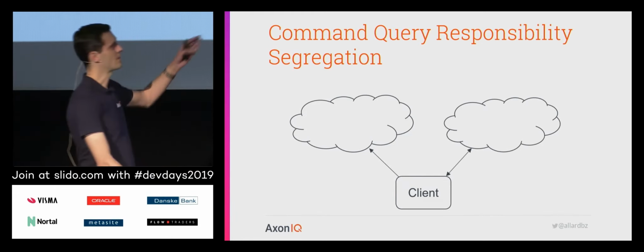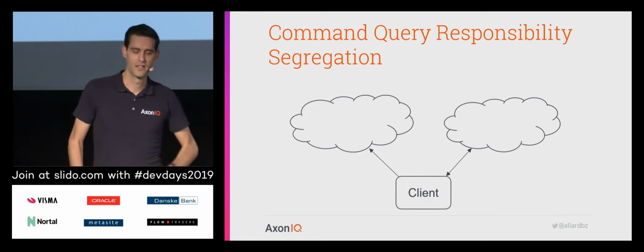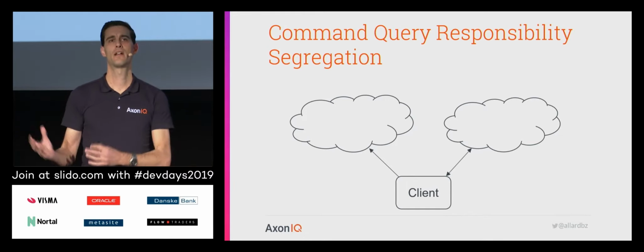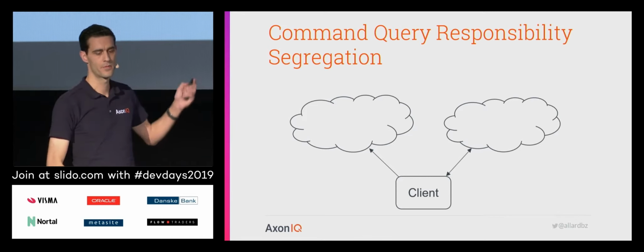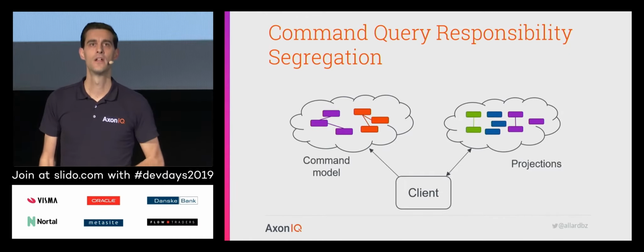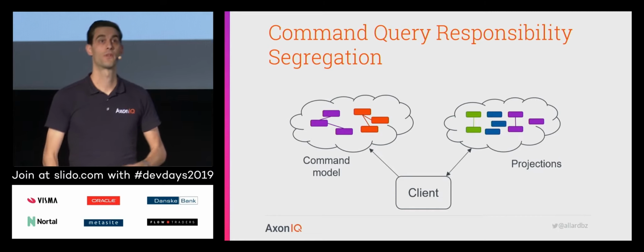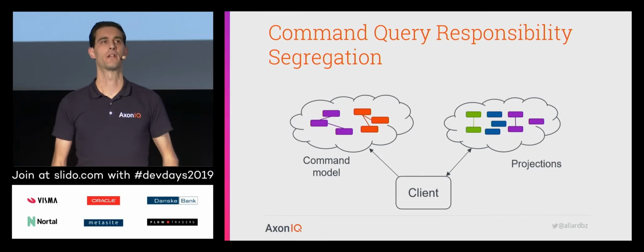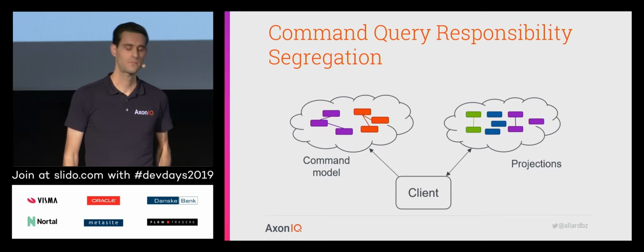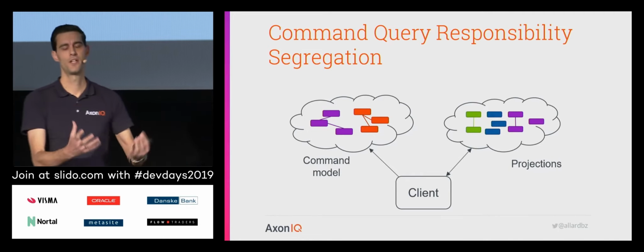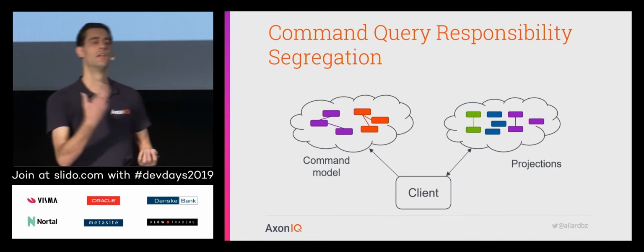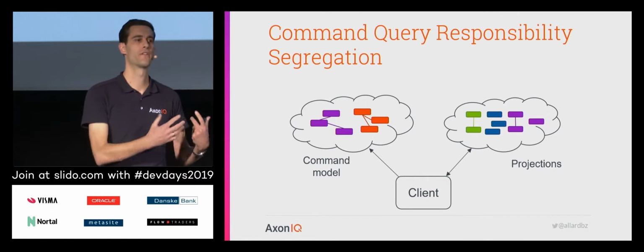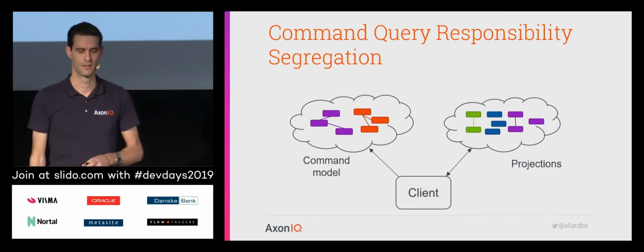So the idea of CQRS is essentially what you see on screen. We have an application, and we divide the responsibility of that application into two parts. One part is responsible for the commands, and one part is responsible for the queries. Commands tell the application that you want to change something. There's something you want to do. So you create a part of an application that can do the validation and then checks what it really needs to do, what are the actions I need to take based on this user demand.